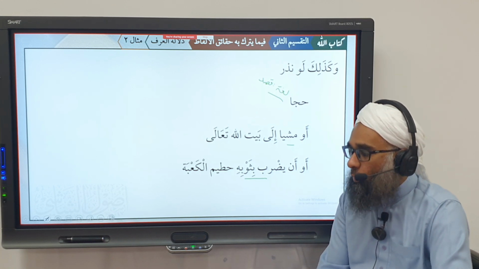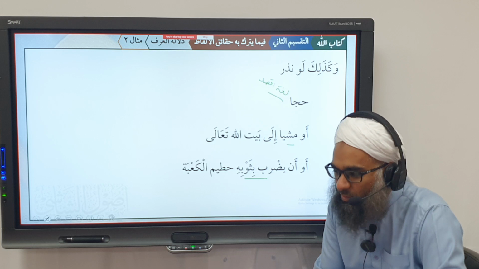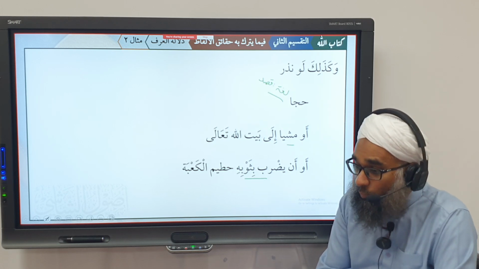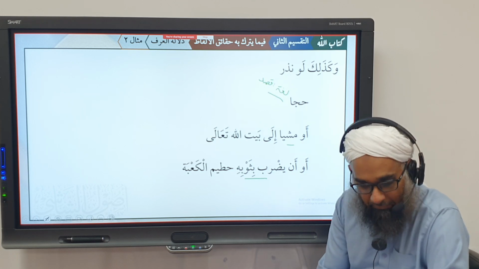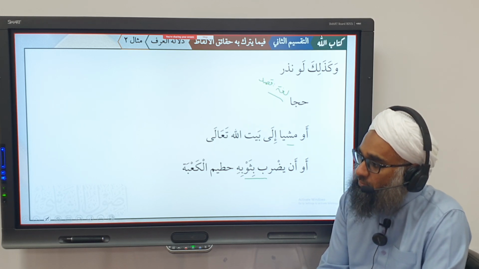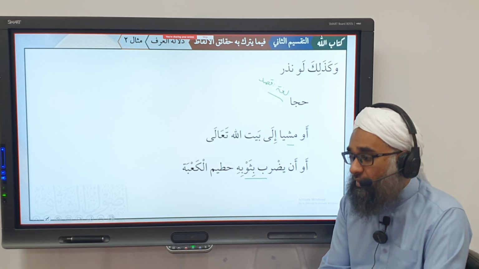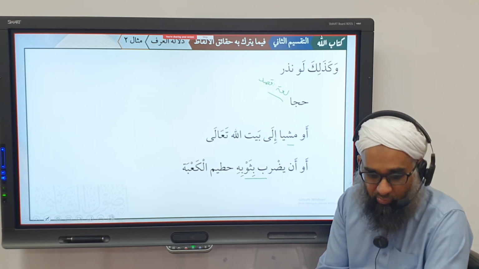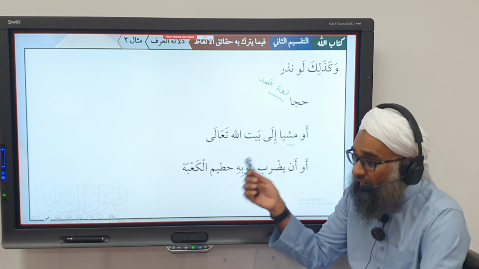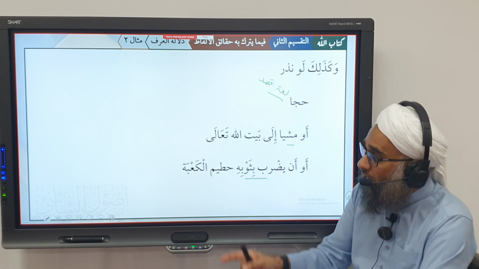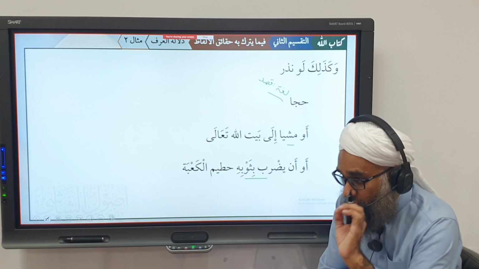So lughatan, if you walk to the baytullah and come back, you say no, in their urf, when they say I will walk to the Kaaba, it means I perform hajj. I will strike my cloth on the hatim of the Kaaba, in their urf, it meant hajj. So again, these are examples where the حقيقة meaning is left because in the urf of the people, the معنى المتعارف بين الناس is something else. In this scenario, he will have to do a hajj, not hajj meaning qasada, but Islamic hajj, a shari'i hajj.